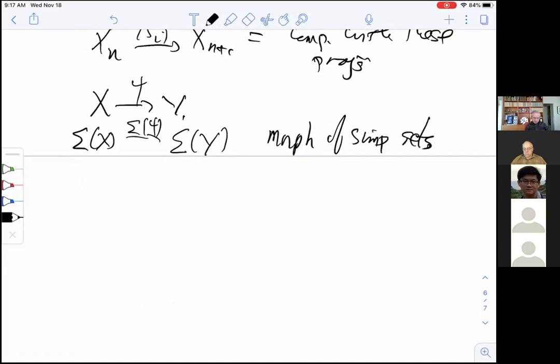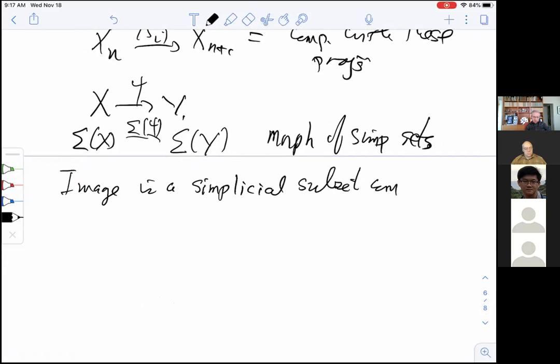And the image is a sub-simplicial set, because if you have an n-simplex that's in the image, all of its faces are in the image, and any degeneracy is in the image because this map preserves faces and degeneracies.